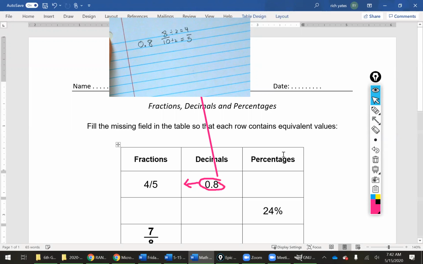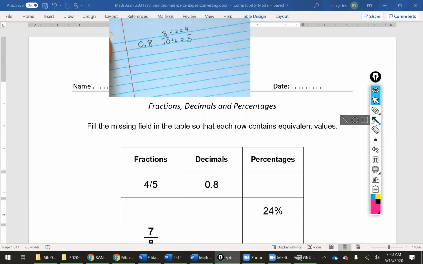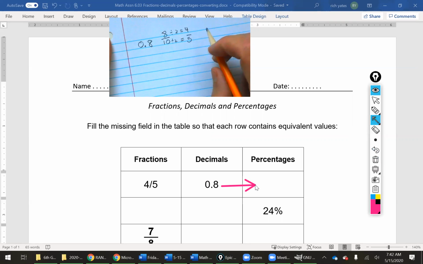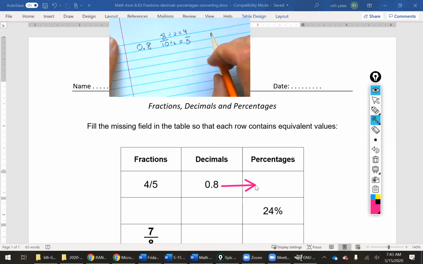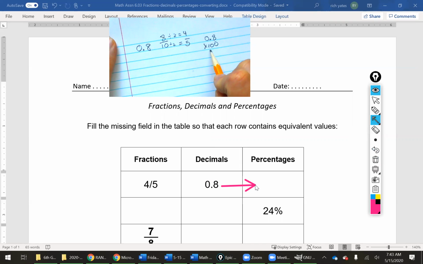Now, over on the other side, boys and girls, I'm going to be turning this decimal into a percentage. And that's pretty simple to do. If you remember, percent is out of 100. So I'm going to take 0 and 8/10 and multiply it times 100. Multiplying by 100 means I'm going to move the decimal over 2 spaces.